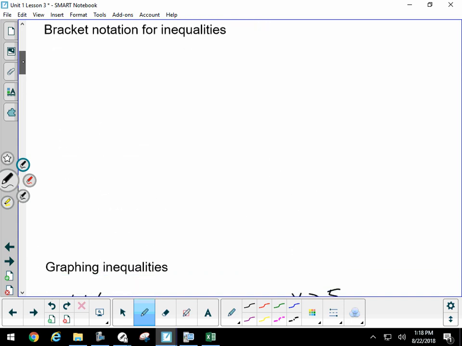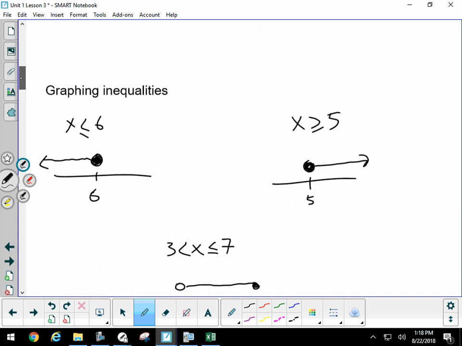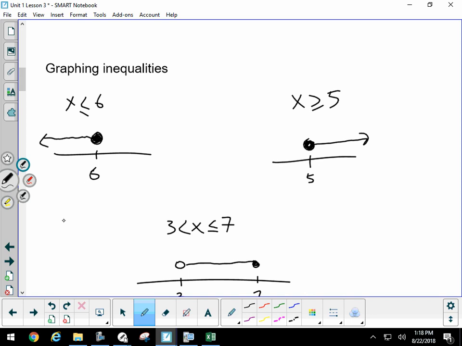Now we can use bracket notation for these inequalities. So let's just do it right here, so we can see them all at the same time. Now notice all the values that x could be. X could be anything that is a negative value, a very large negative value, any value less than 6. Well, if I am including 6, I'm going to use these squared off brackets.